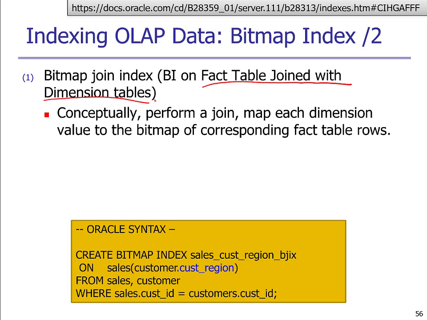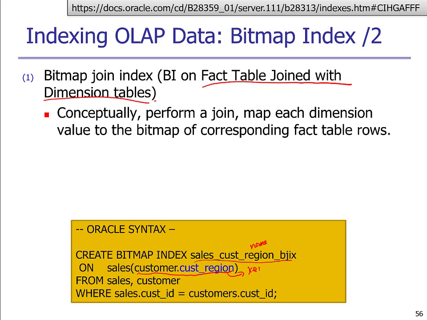Now below is an Oracle example, right? As you can see, Oracle supports this kind of bitmap index, and also this data warehousing. So you create a bitmap index. This is the name of the index. You can name it whatever you like. On sales, and this is the key.